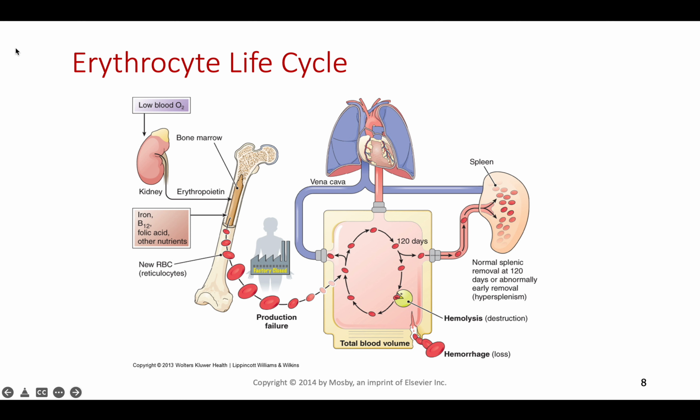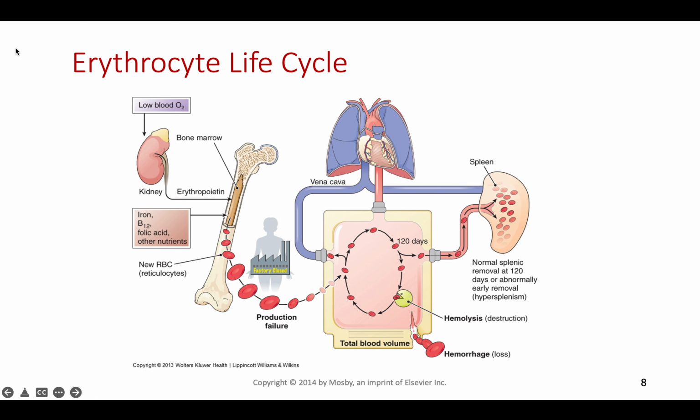So let's talk a little bit about the life cycle of an erythrocyte. The erythrocyte, as we know, starts in the bone marrow. When the body experiences hypoxia, the bone marrow then produces these stem cells that turn into red blood cells.